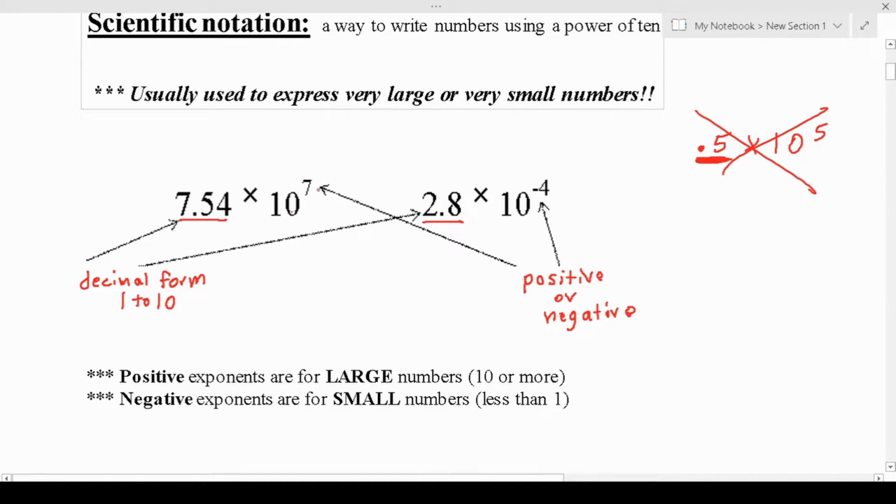If the exponent is positive, that means you're trying to represent a very large number, and what it tells you to do is take this decimal and shift it to the right according to that exponent. So in this case, the exponent's 7, so we would take this decimal and shift it 7 times to the right. In this case, we can see the exponent's negative, so what this says is take this decimal and shift it to the left 4 times, which represents a very small number. So again, positive exponents, large numbers, negative exponents, small numbers.